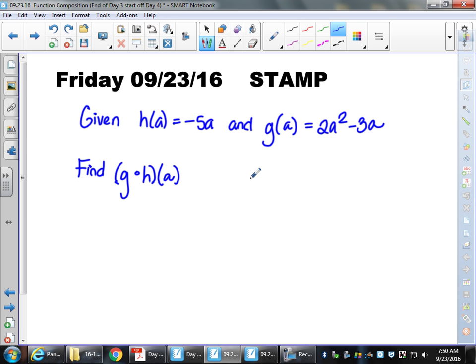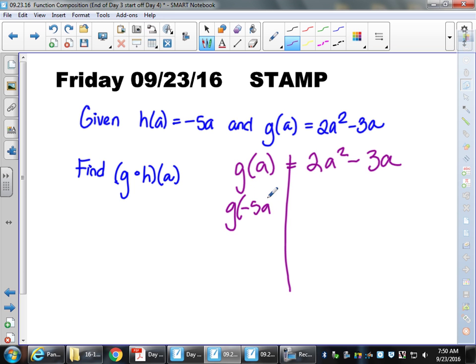Pencils down. So my starting function was g of a in this case. So g of a equals 2a squared minus 3a as my start. We are going to be evaluating negative 5a as my input. So wherever I see a, I'll be plugging in negative 5a.